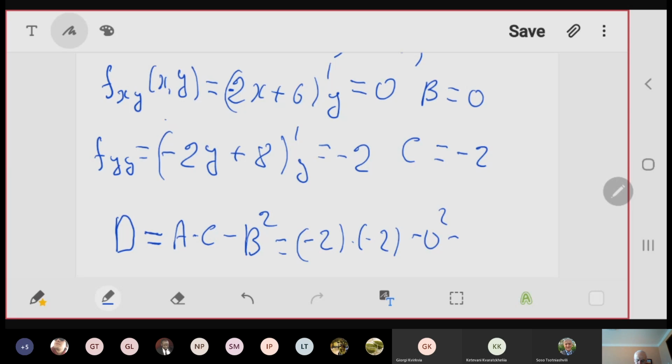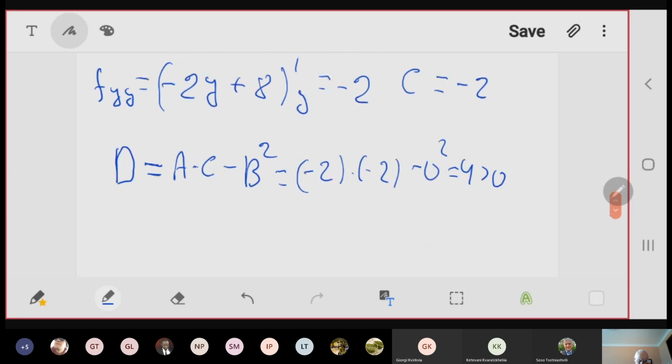And we got 4, and 4 is positive. What does matter for us? Okay, and we got that our function has a maximum.